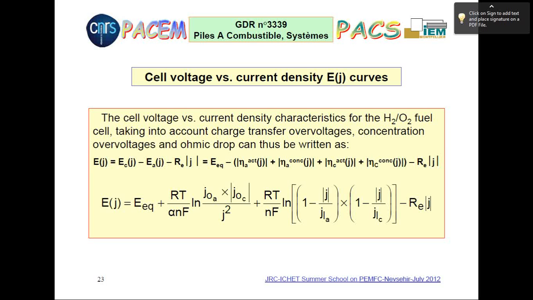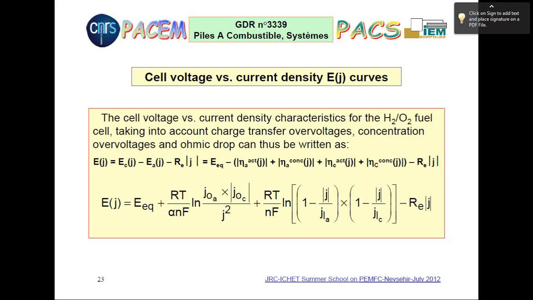So Ludwig gave you the Tafel behavior also yesterday, and if you have a very fast transfer reaction, the exchange current density going to infinity, then you get the next equation. So in all that, you can play with all these equations and try to solve my problem.